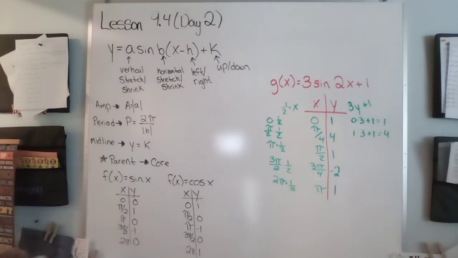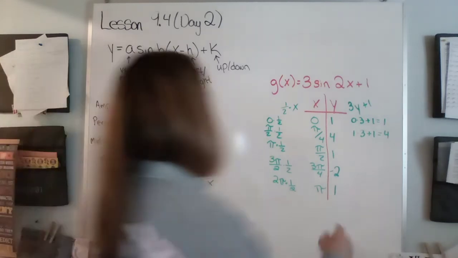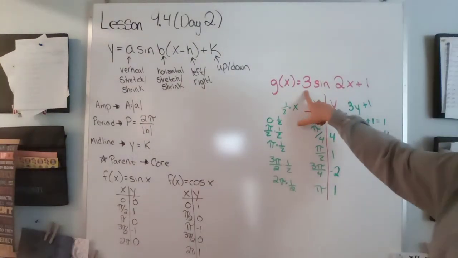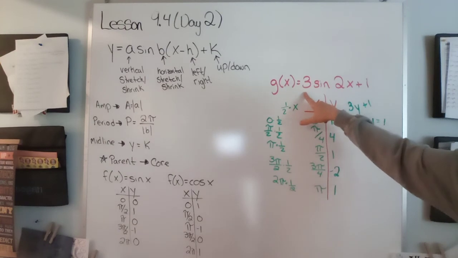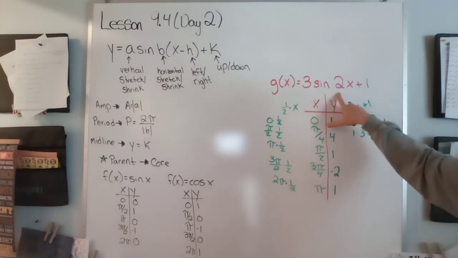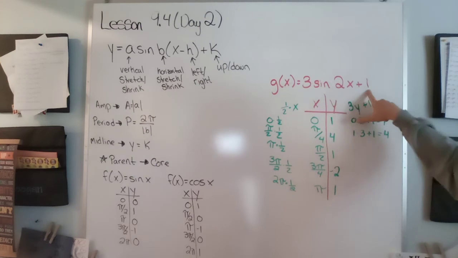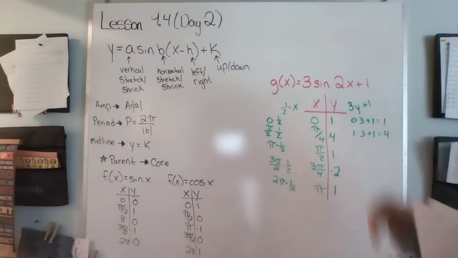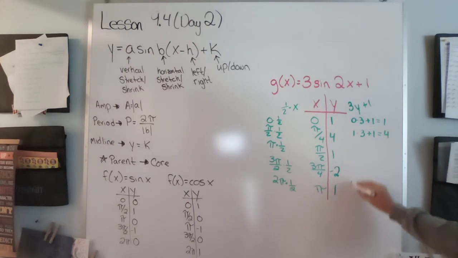Okay, so we already stated the transformations. I'll go through them one more time since I didn't write them. Vertical stretch of 3, all right, horizontal shrink by 1/2, and then up 1 unit. All right, the last thing we're going to talk about is the amplitude and the period, and then we'll be done with this graph and move on to the next.